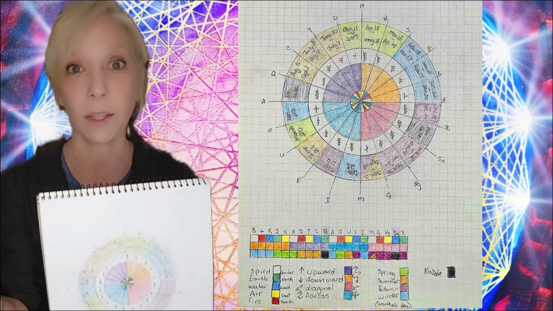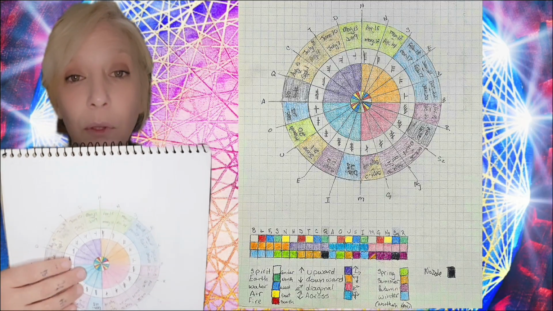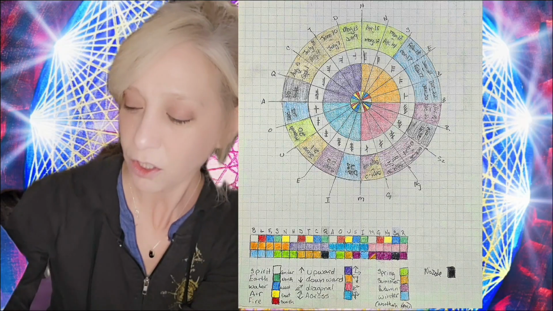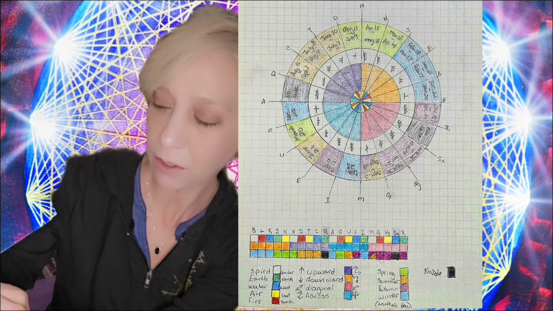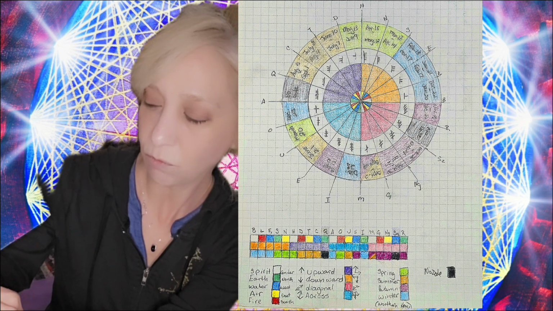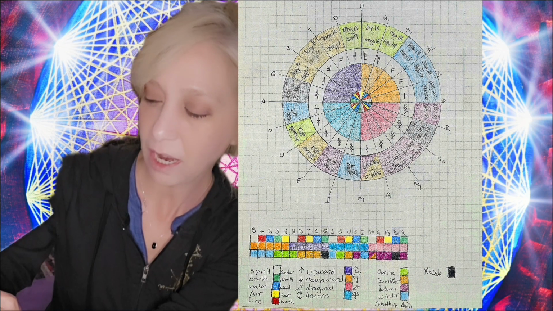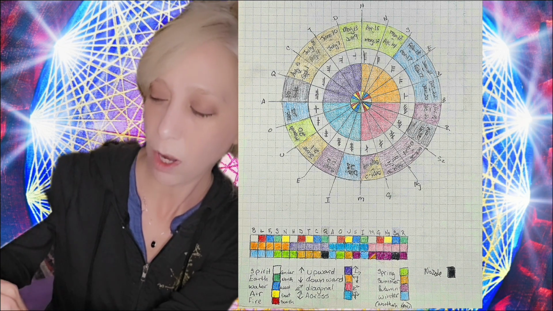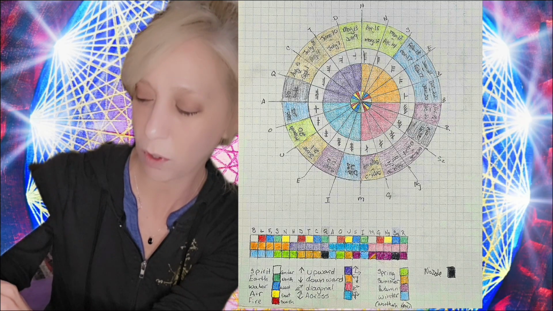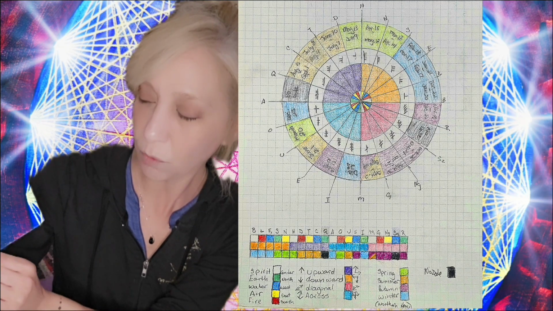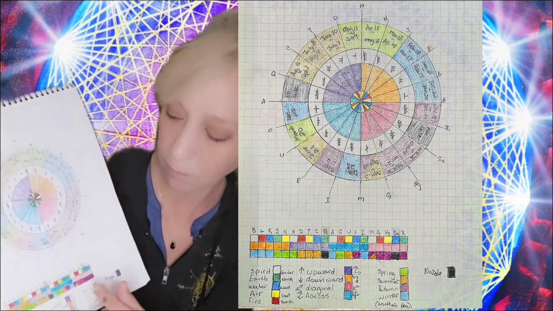So white is Nufra, that's the spirit. Blue is water, green is earth, air is yellow, fire is red, and fire red south, air yellow east, water blue west, earth green north, spirit white center. And then these are the directions that the letters themselves are making.